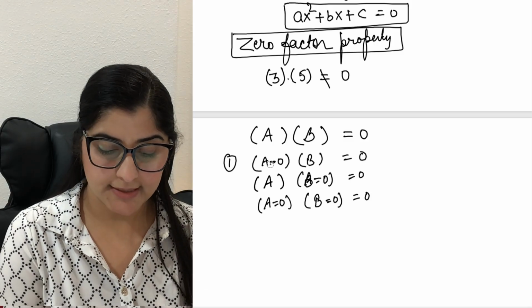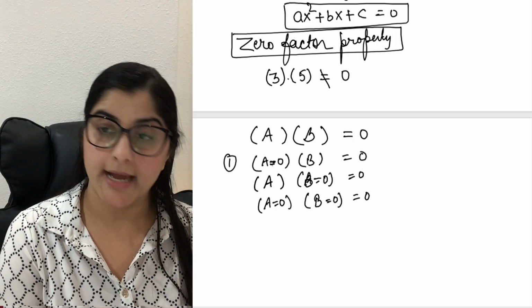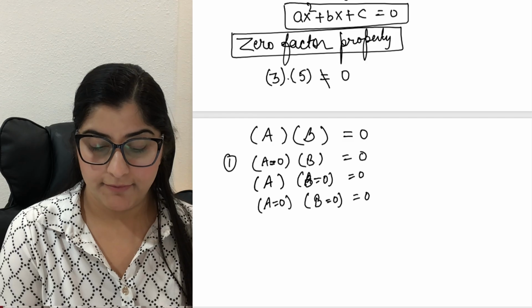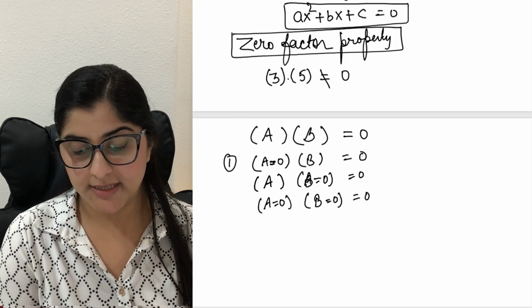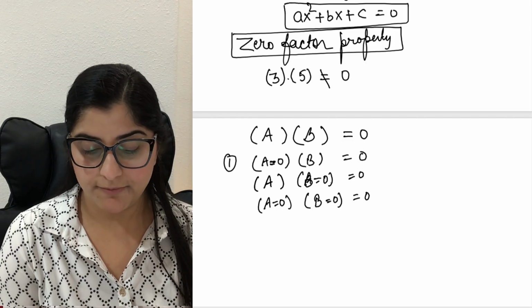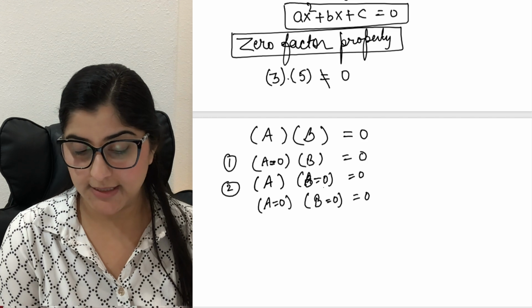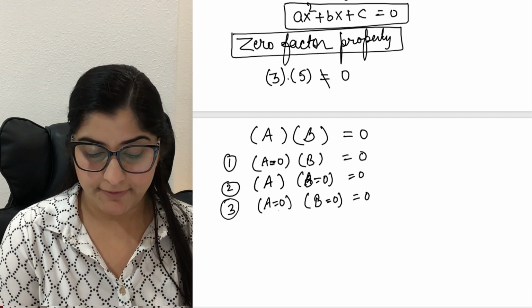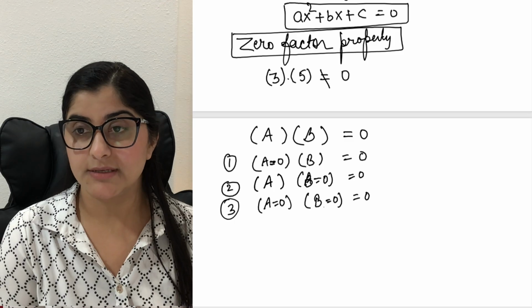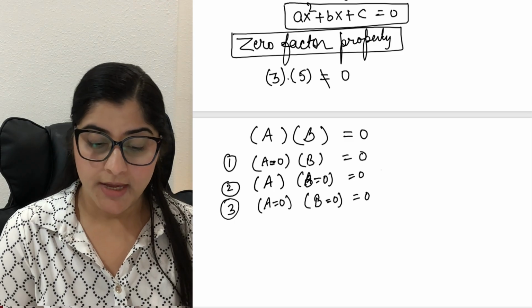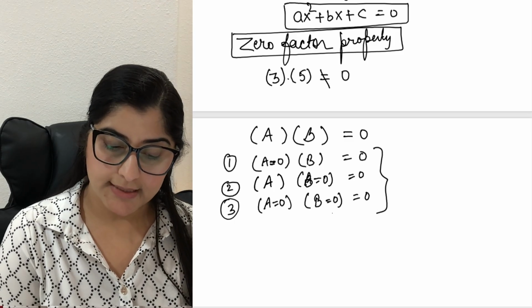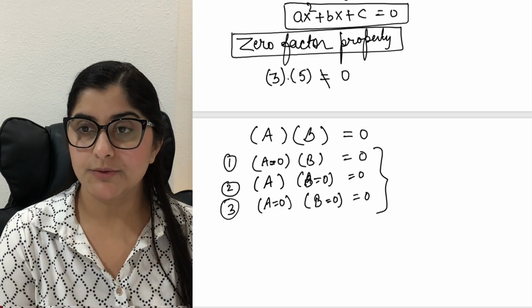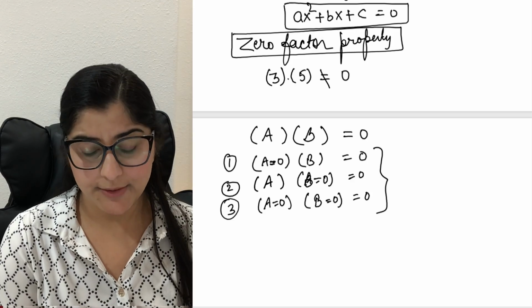So the first condition is a has to be 0. If a is 0, 0 times anything is 0. The second condition is if b is 0, b times anything is 0. The third condition is if a is 0 and b is also 0, then 0 times 0 is 0. These are the only cases when the product of these two factors is 0.